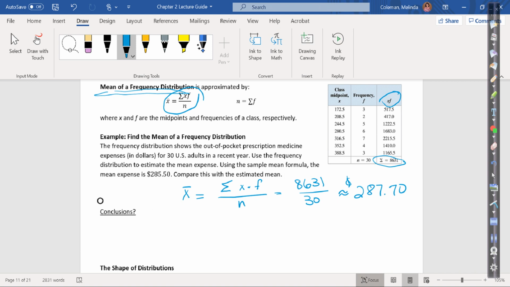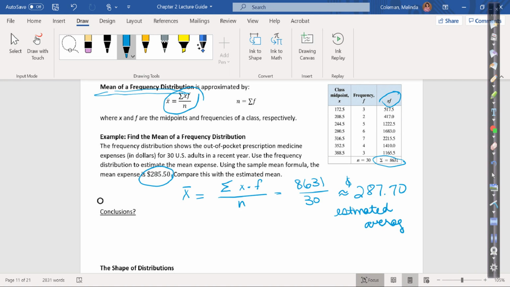And this now is an estimated average. They said the real average was $285.50. So, what do we conclude?